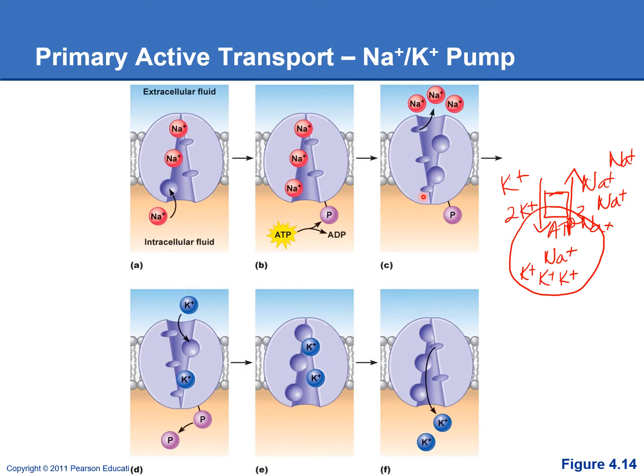That'll cause it to change shape and then move the 3 sodium out of the cell. And then the phosphate group will then come off as the 2 potassium bind to their binding sites in the pump, and then that will cause the pump to change shape, and it will flip to the other side and move the 2 potassium into the cell.